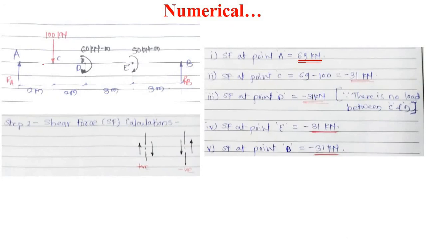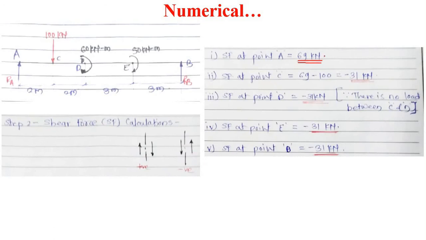Shear force at C: from A to C the shear force will remain constant, because there is no additional load in between A and C. Therefore, at point C this 100 kilonewton will be added, and it is in the downward direction.